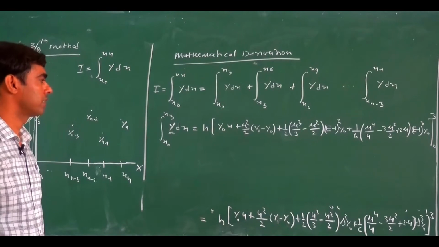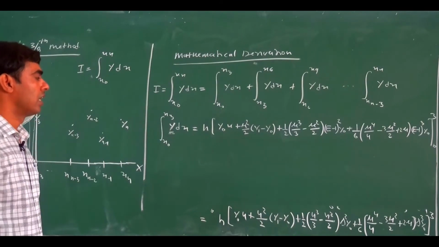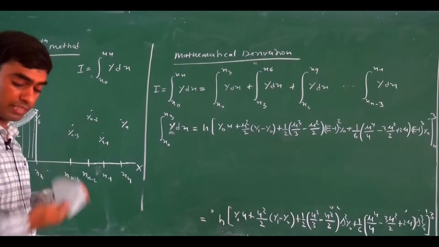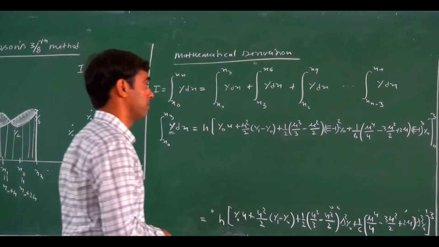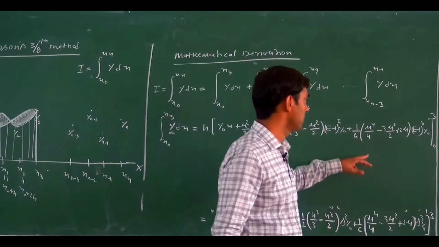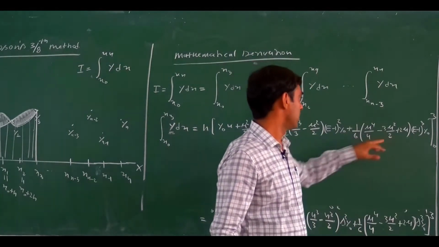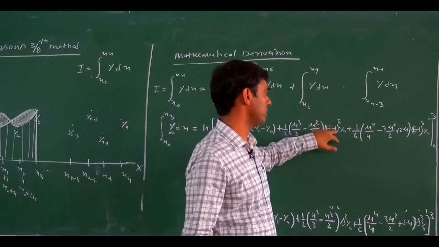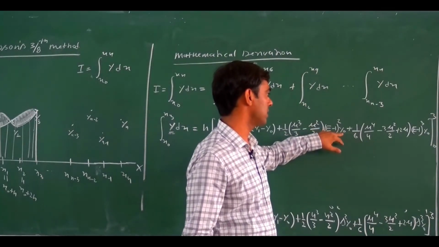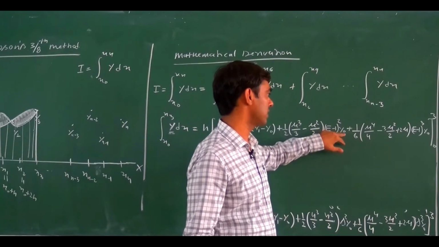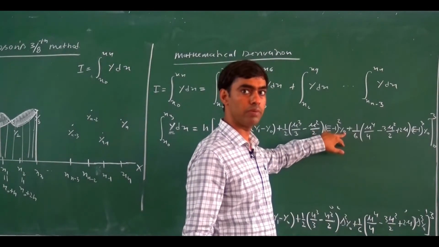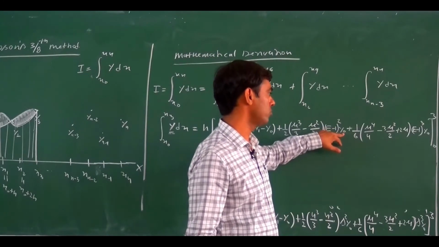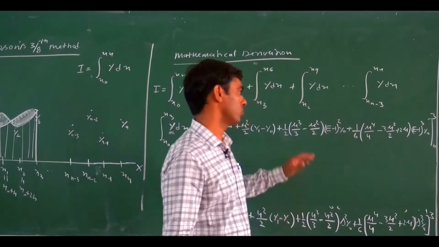So, if we simplify this one using the shift operator, E minus 1 whole square means E square minus 2E plus 1. If we operate the E shift operator with y0, E y0 becomes y1, E square y0 becomes y2.